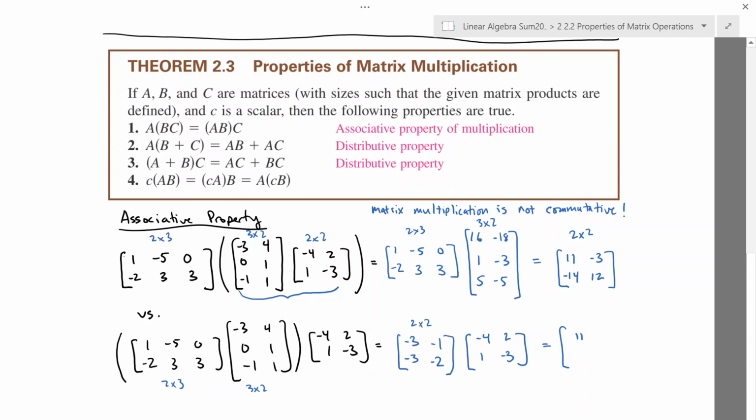Negative 6 plus 3 is negative 3. 12 minus 2 is positive 10. Negative 6 plus 6 is 0. Okay, so this bottom row doesn't match up. Maybe I've made a mistake somewhere. So let's go back and check.